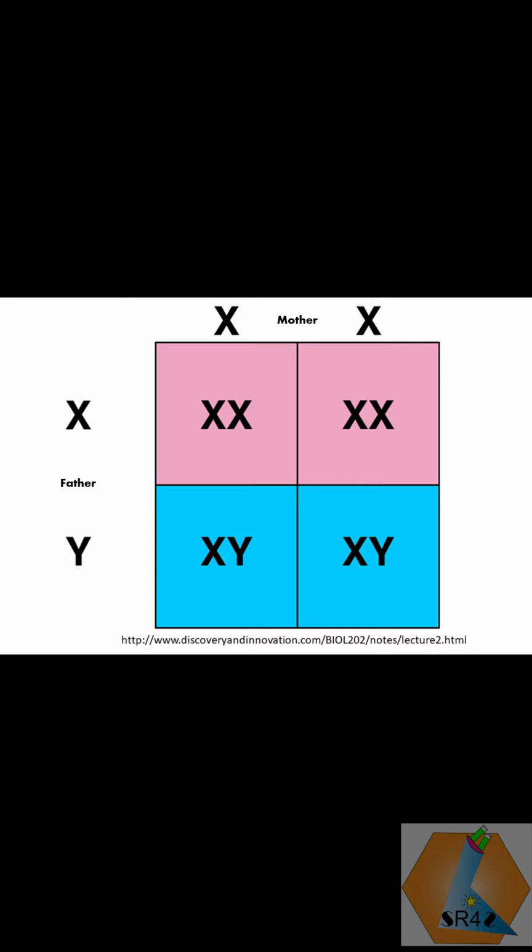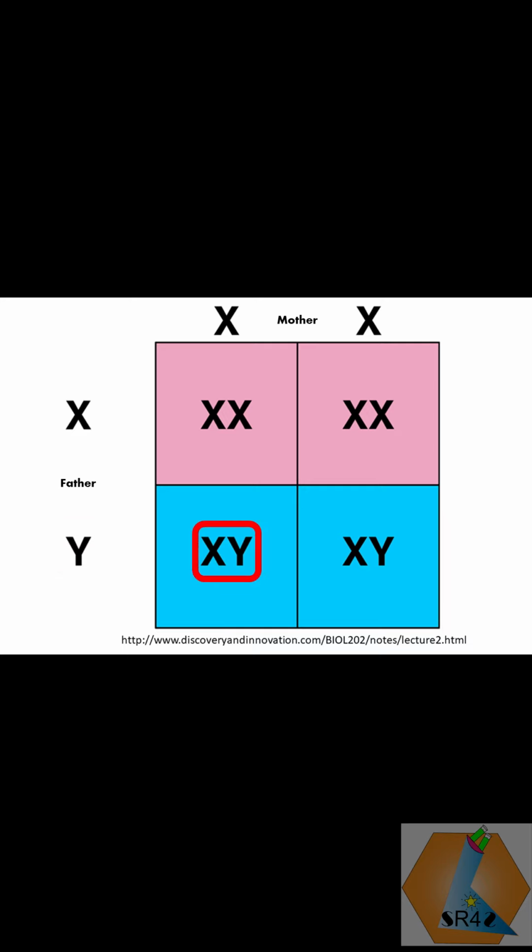And so, as you can see down here, if you receive an X chromosome, which is the only chromosome that your mom can supply you with, and a Y chromosome from your dad, which your dad can supply both X or Y. So in turn, your dad is actually determining gender when it comes to a genetic sense. If your dad gives you an X, it's going to make you a genetic female. And then if your dad gives you a Y, it's going to make you a genetic male.